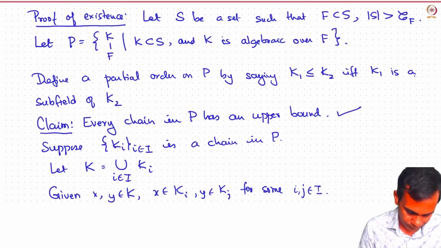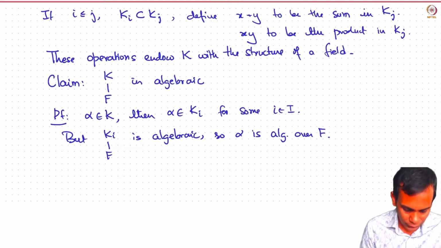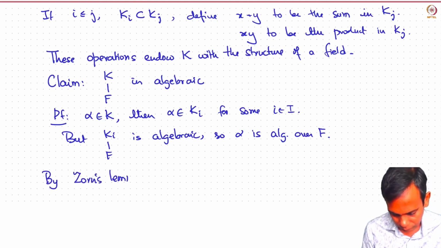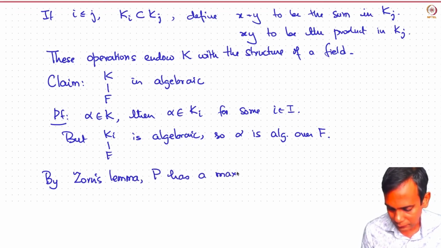We've proved this. And so the conclusion is, by Zorn's lemma, P has a maximal element.